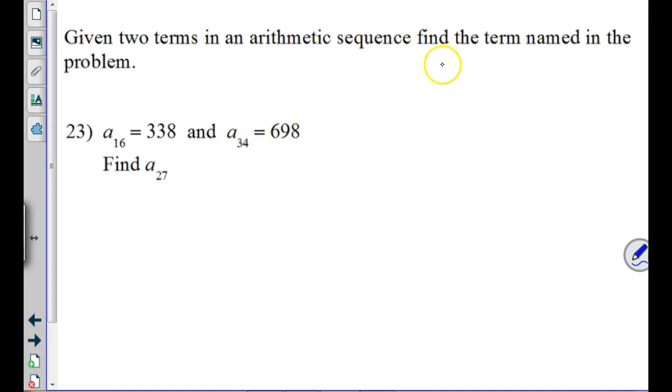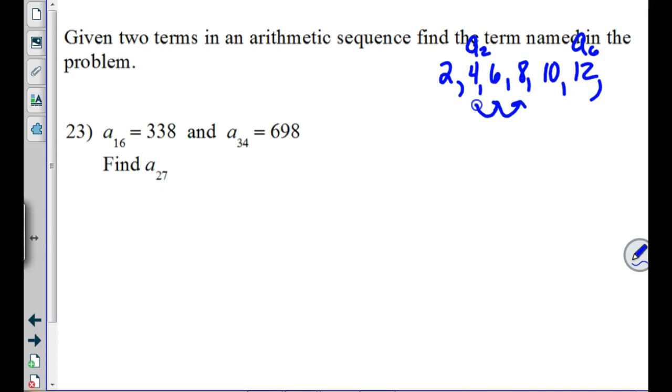Let's do an easy one first. 2, 4, 6, 8, 10, 12. So we'll say the second term here, third, fourth, fifth, sixth term here. How many differences did we add? We added a difference once, twice, 3 times, 4 times, right? So we did add 4 differences to get to this.